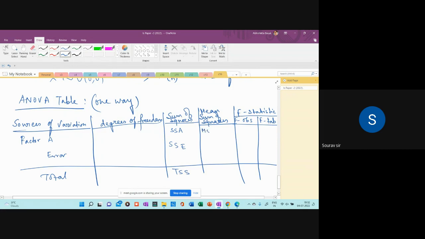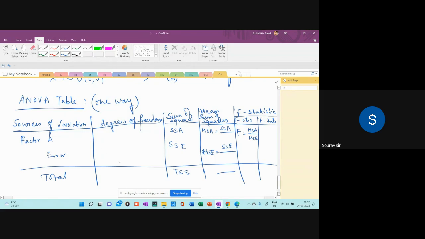This is MSA, which is SSA by its degrees of freedom. This is MSE, which is SSE by its degrees of freedom. So we didn't need the total over here. We have only one test statistic F, that is MSA by MSE, and we can get the tabulated value as per the table.